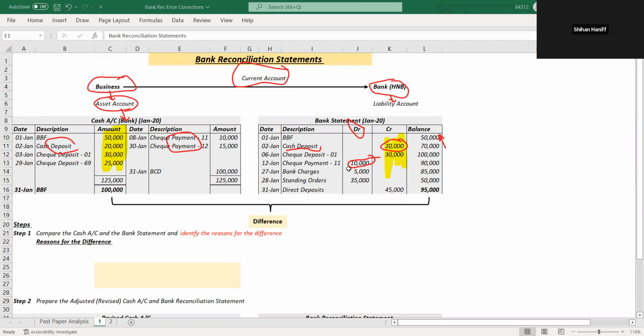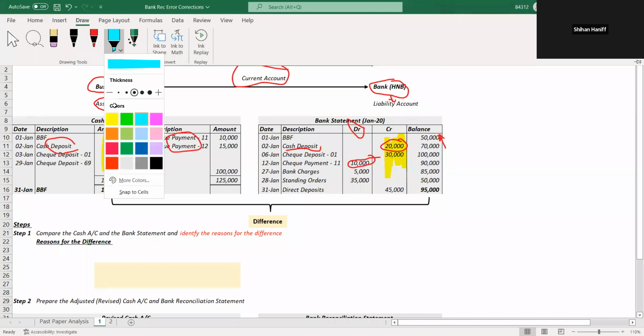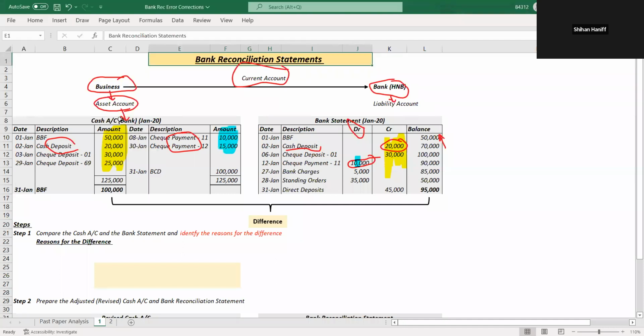I'll repeat again. What is a bank reconciliation? Any business has a current account with the bank. From the business point of view, this current account balance is an asset. Therefore, the business will maintain an asset account, cash or bank account. From the bank's point of view, this is a liability because they have to repay.